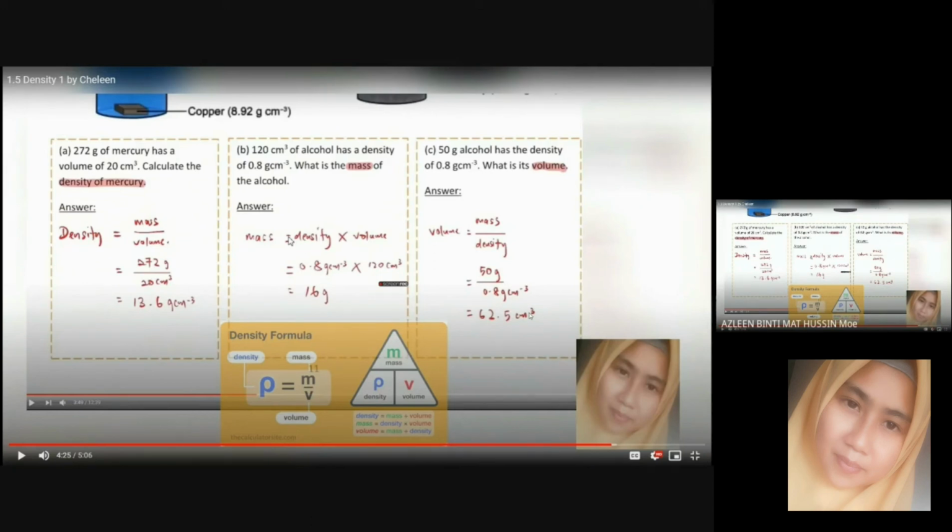Volume is mass over density, then you insert the values given, 50 gram over 0.2 gram per centimeter cube, and you will get the volume, 62.5. Most students make mistakes in the unit. Not to worry, go back to the question: volume, of course the unit is centimeter cube.